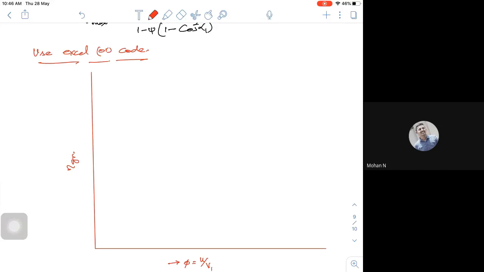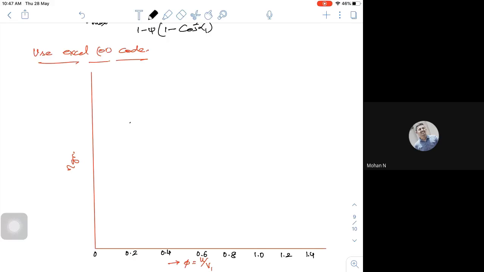What are the expressions? One is the multi-stage single row impulse turbine, which we studied in the previous unit. If you take that and try to verify it, this is the nature of the plot, you may superimpose one over the other. On the x-axis it starts with 0, 0.2, 0.4, 0.6, 0.8, 1, 1.2, 1.4, in steps of 0.2.